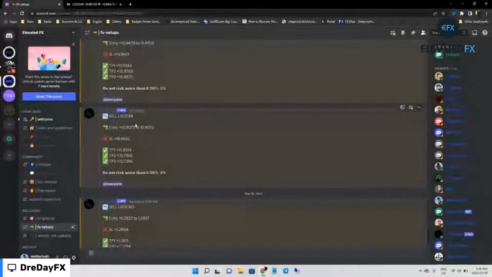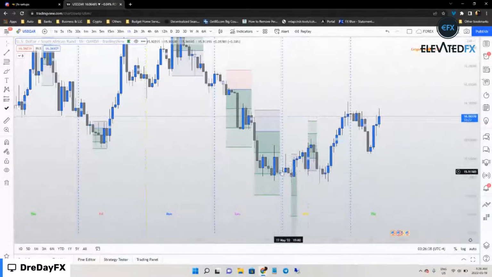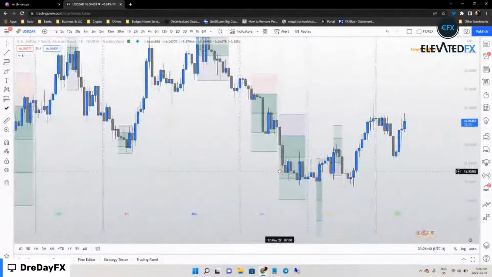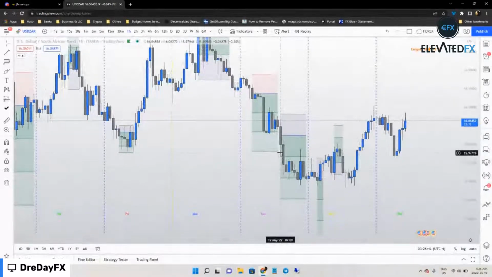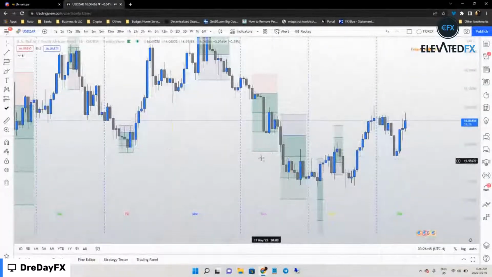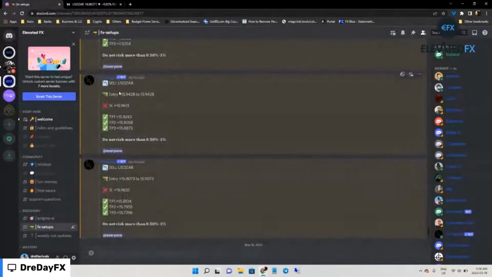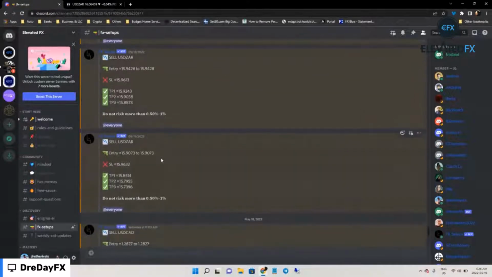So we had it as a sell on the 17th. And I think you had 2 sells that were sent out. Yes, so sell right here and right here on the same day.